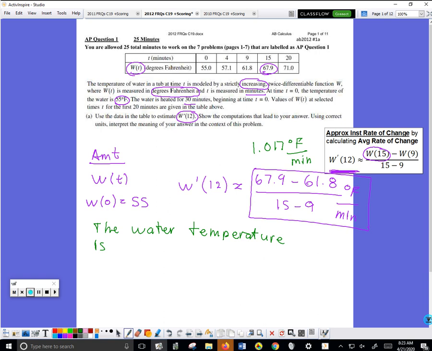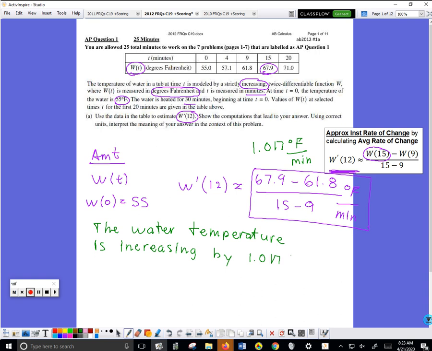So the water temperature is increasing. I have seen AP tests where if you didn't use the word increasing, they didn't give you the point. So even though the word changing is correct, I do want you to identify that you see that there is an increase occurring. So the water temperature is increasing by 1.017 degrees Fahrenheit.